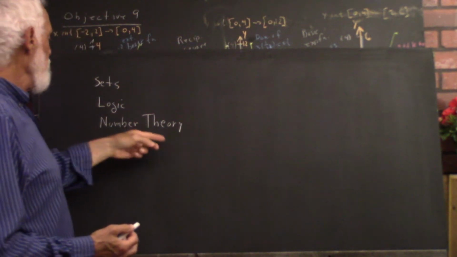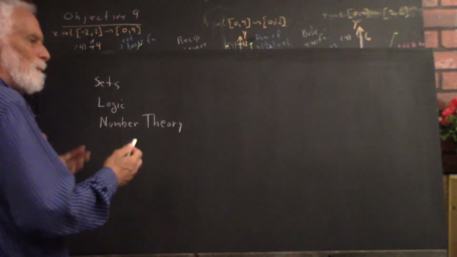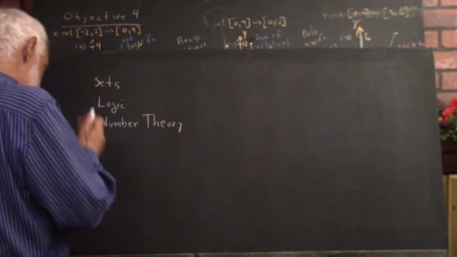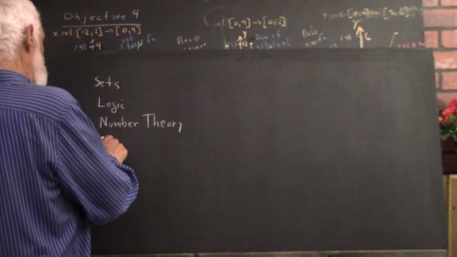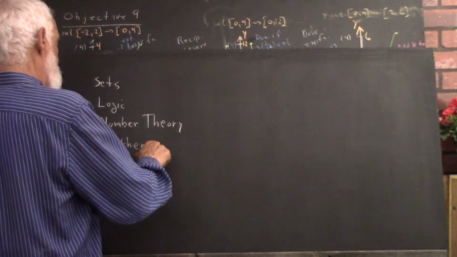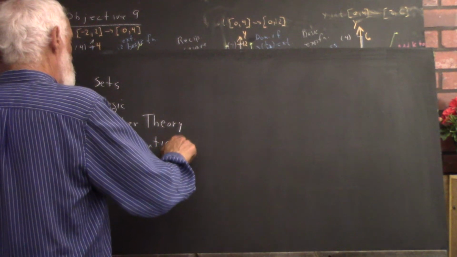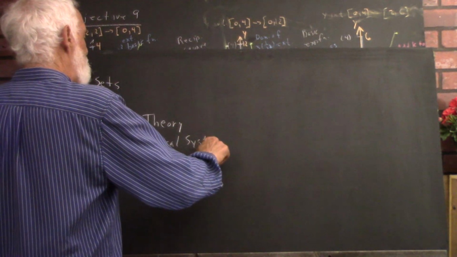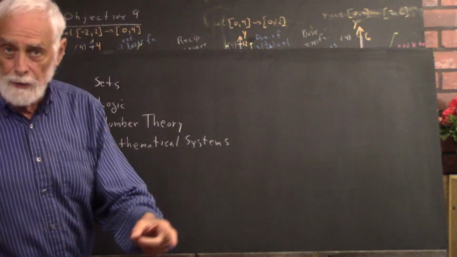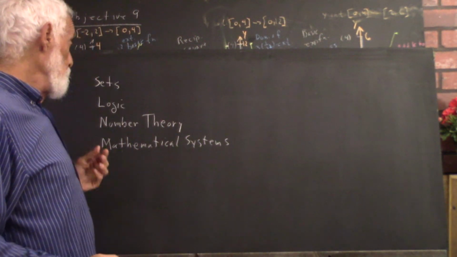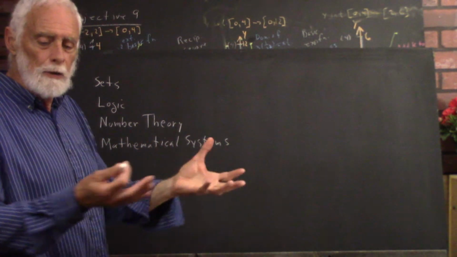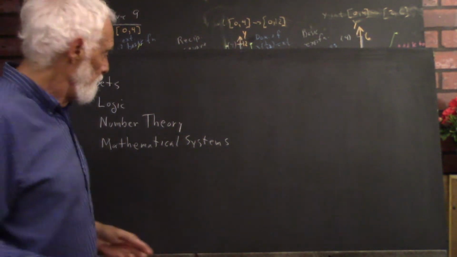Okay, so we have number theory. We have numeration, maybe, but one thing we want to do is mathematical systems. Now it's a long way from the mathematical systems that we're going to see here to the mathematical systems that particle physicists use to try to explain everything in the universe.